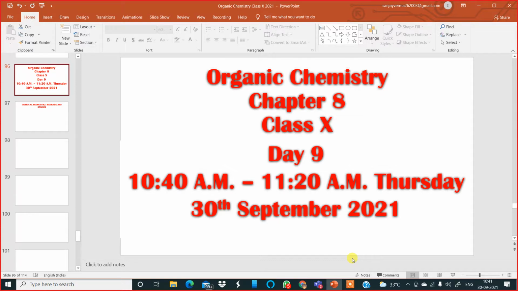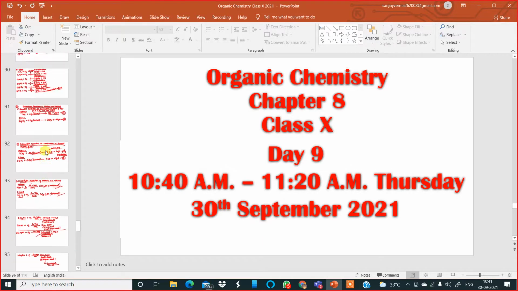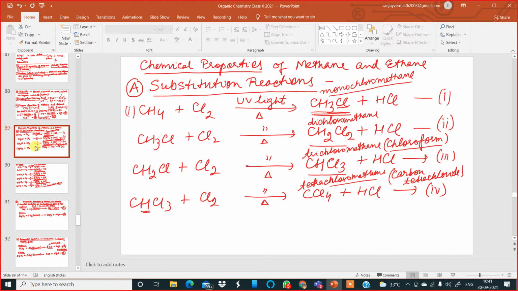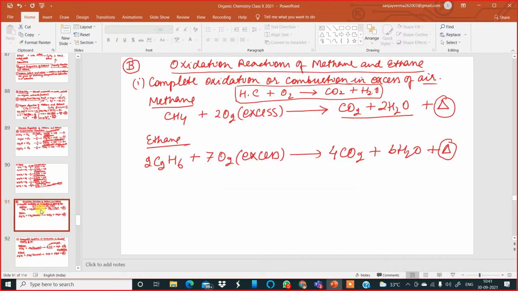The first chemical property I had explained was substitution reactions of methane and ethane, and then oxidation reactions of methane and ethane, complete oxidation or combustion in excess of air.